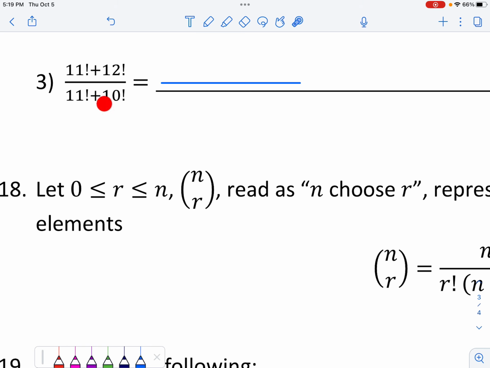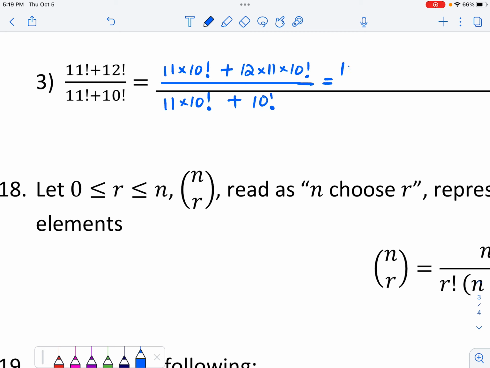By looking at that, the smallest is 10 factorial, so how about we write everything in terms of 10 factorial? 11 factorial is 11 times 10 factorial, plus 12 factorial is 12 times 11 times 10 factorial, divided by, the bottom is 11 times 10 factorial, plus 10 factorial.